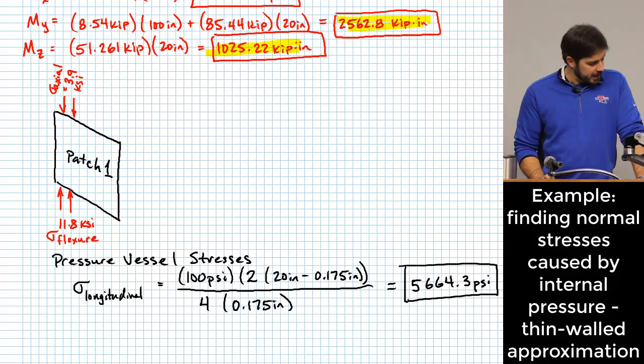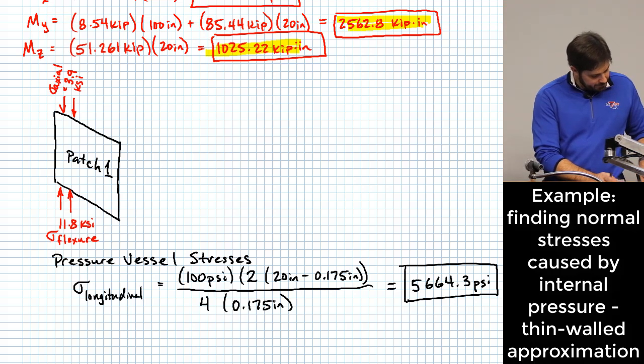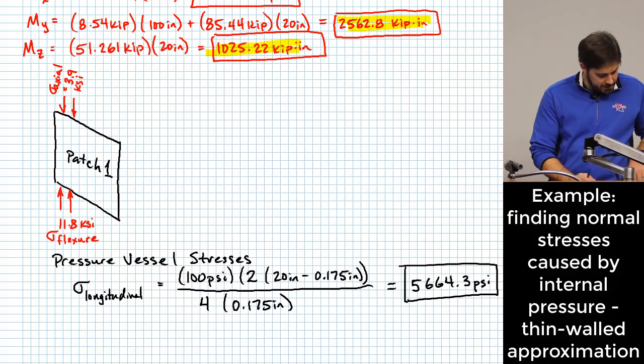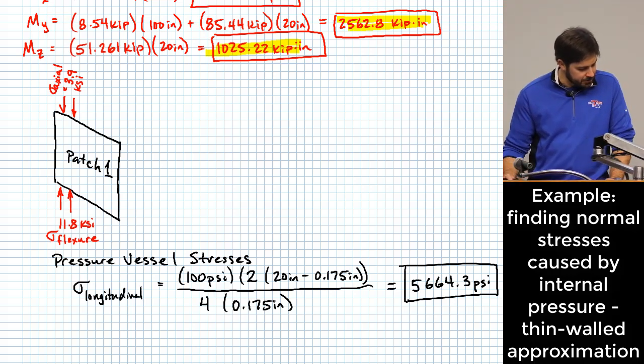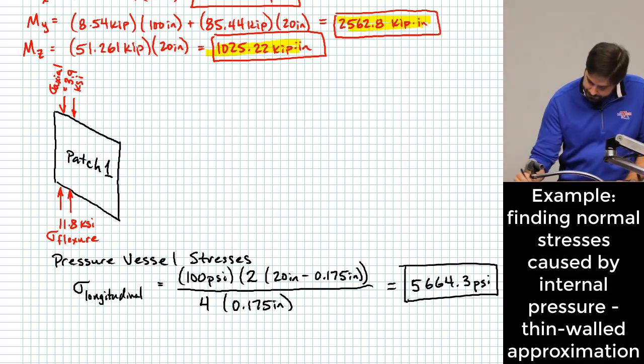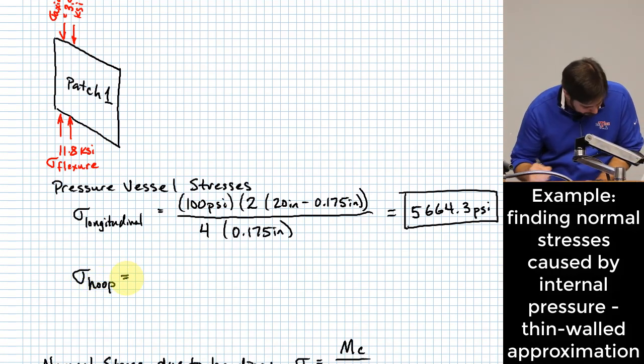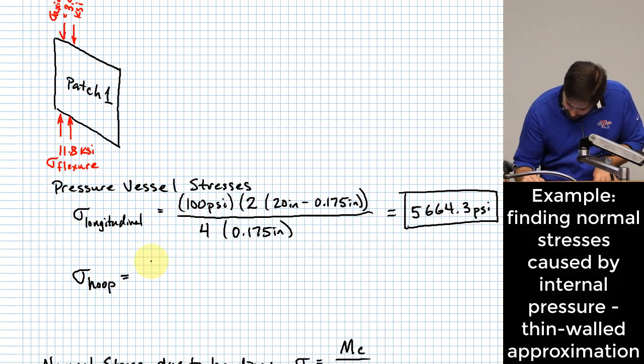All right, for the next one, there's a formula given up here. It says we need the internal pressure times the internal diameter plus thickness, all over 2T. And that gives me my hoop stress. So it'll be 100 psi. By the way, let me make a note up here.